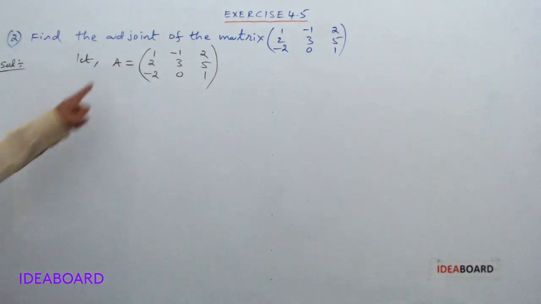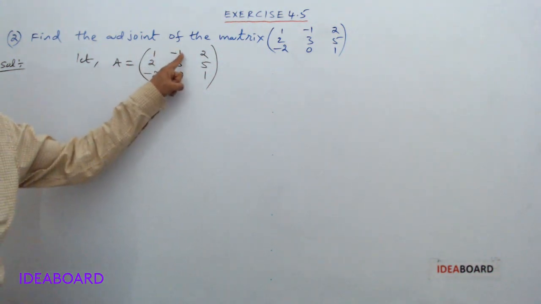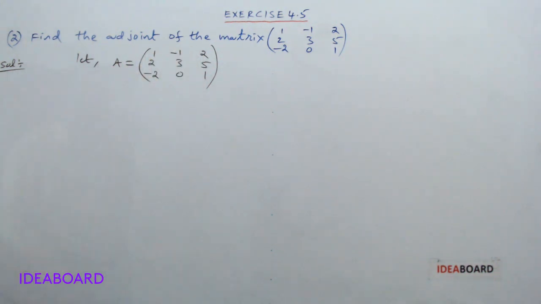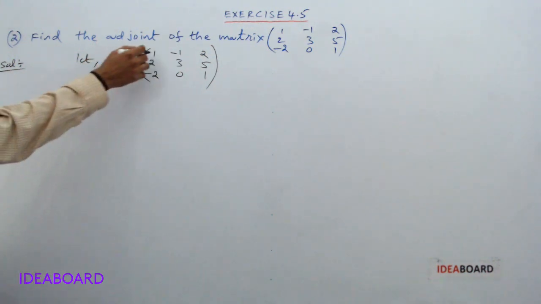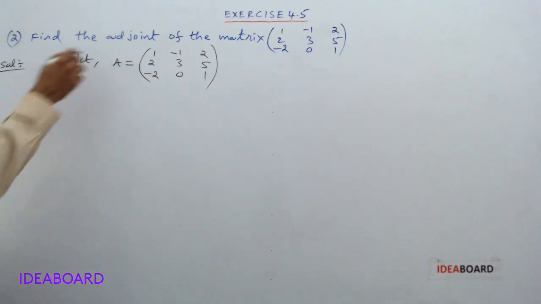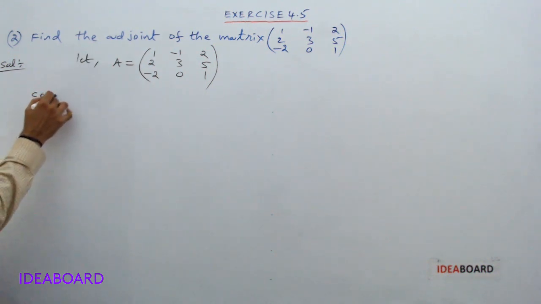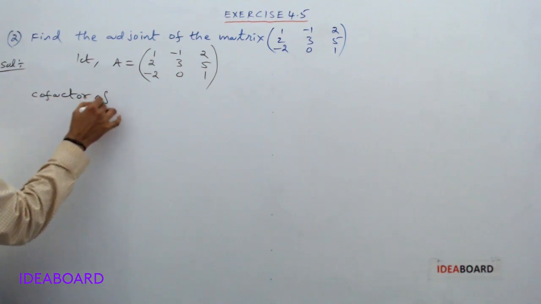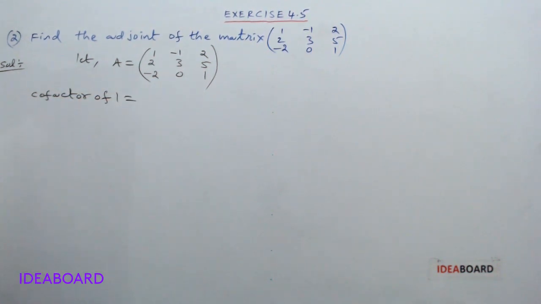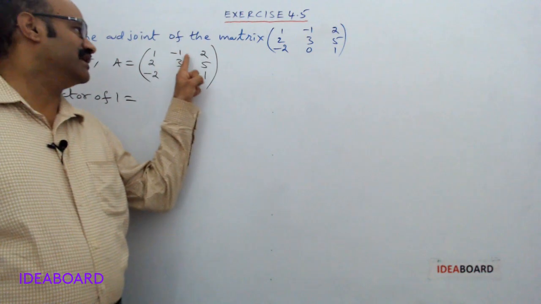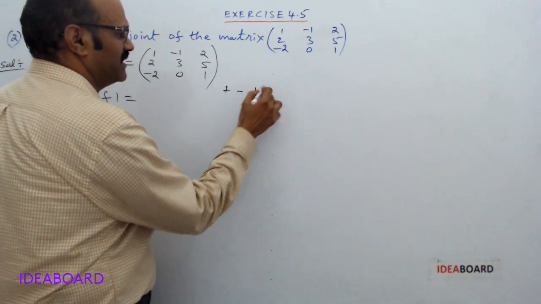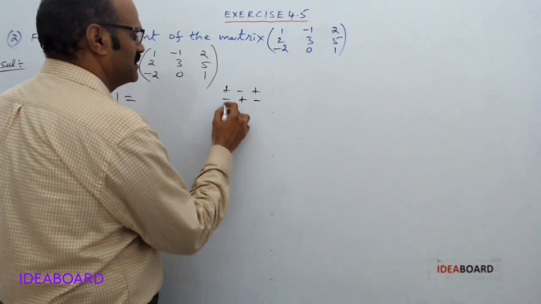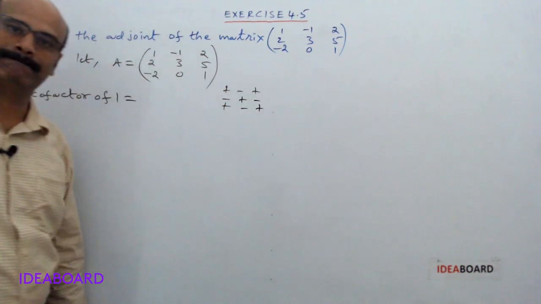Now we have to find the cofactors of each and every element. First, the cofactor of 1. We know that whenever we have a 3 by 3 matrix, we can take the signs directly: plus, minus, plus, minus, plus, minus, plus, minus, plus.